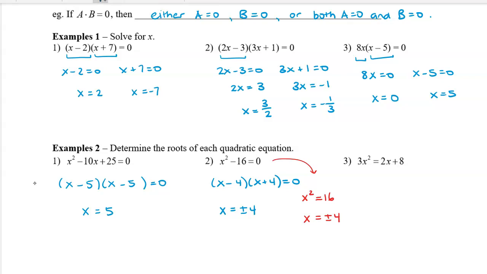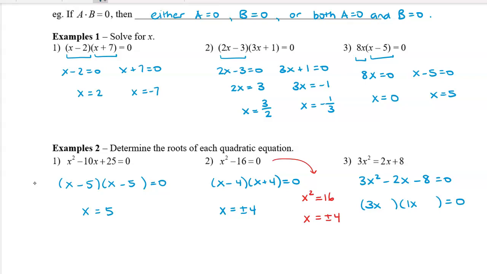All right, the last one here, we're going to move all the terms to one side: 3x² - 2x - 8 = 0, and I'm going to factor. I'm going to do a crisscross method, but I also know that the only numbers that multiply to 3 are 3 and 1. I'm going to guess, so I want two numbers that multiply to -8.